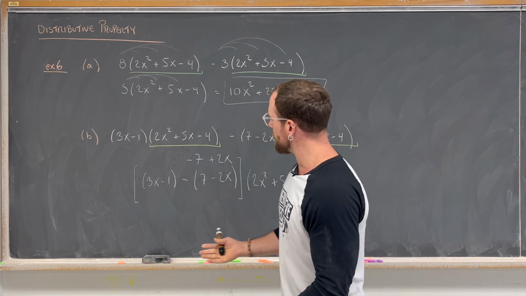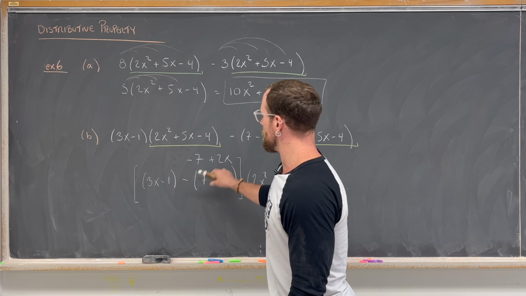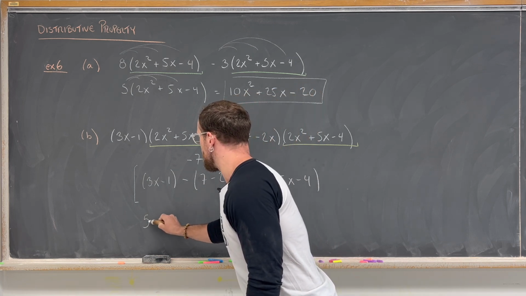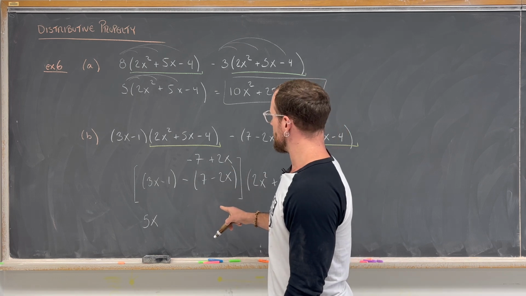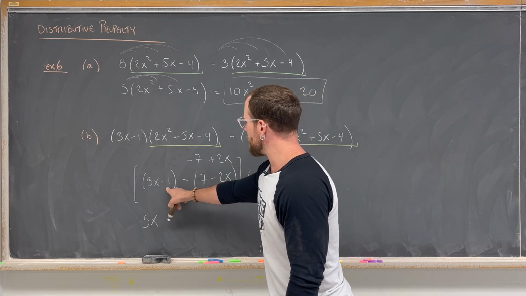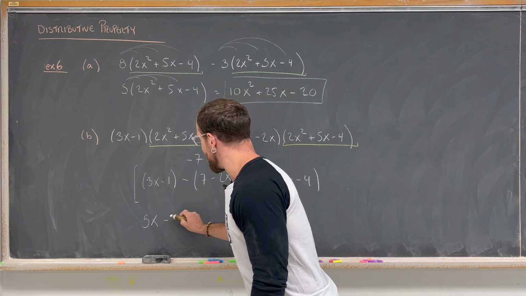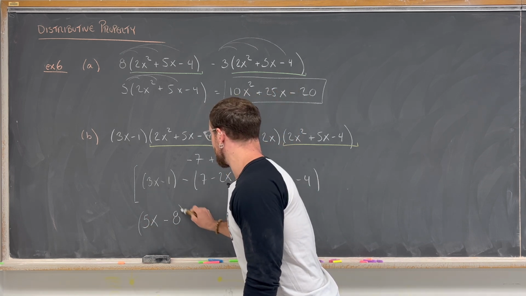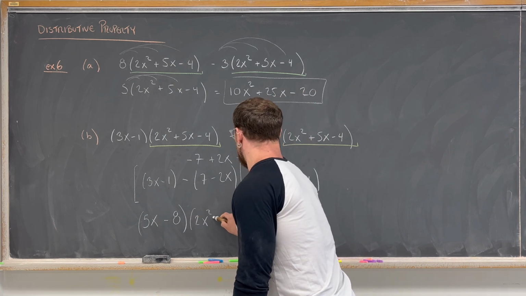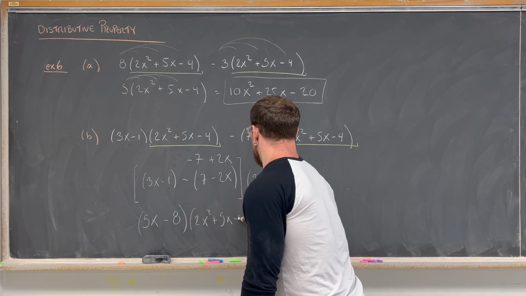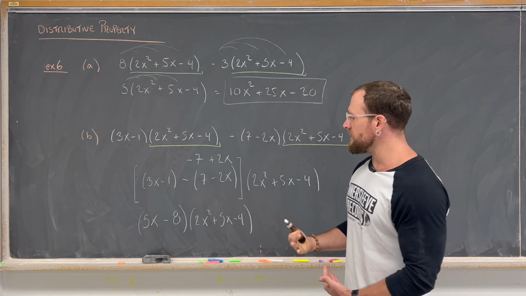This is just combining similar terms. 3x plus 2x gives me 5x. Negative 1 minus 7 gives me minus 8, sorry. And that needs to get multiplied by 2x squared plus 5x minus 4. And now you can perform the distribution.